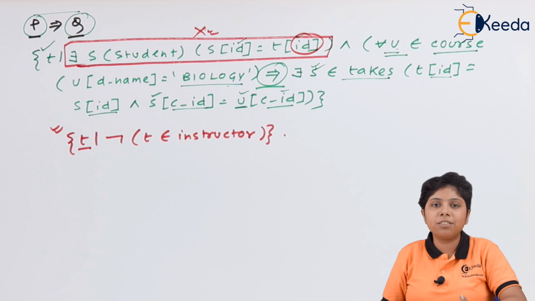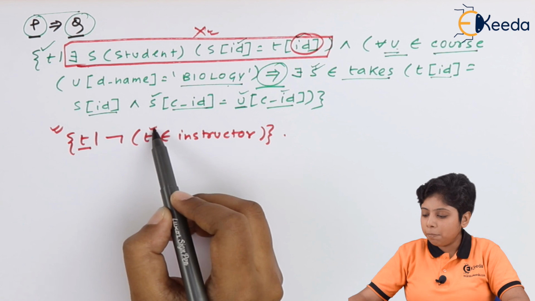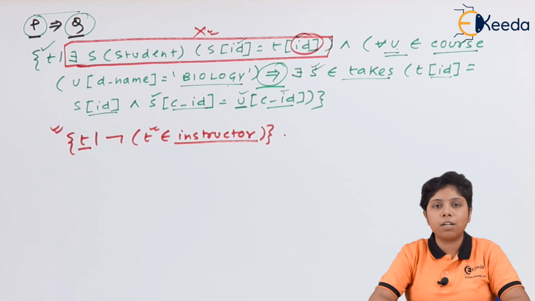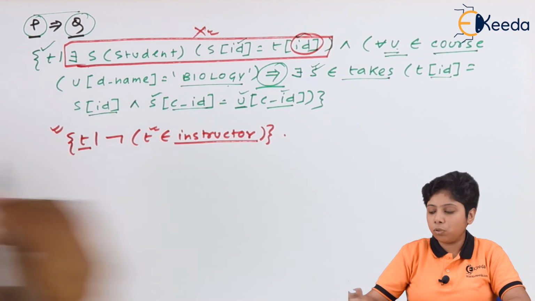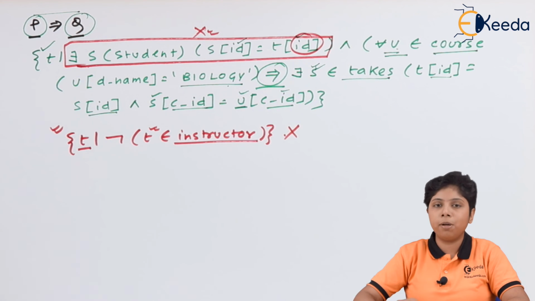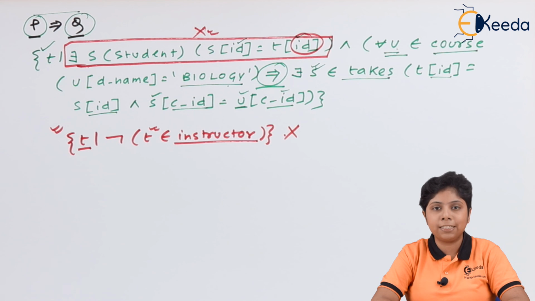Say there are students, there are finance department persons, administrative department persons, group D staff. So an infinite number that even our database system cannot hold. So there are many tuples that do not belong to the instructor relation and we cannot just select those tuples. So this is an invalid format or checking in a TRC.